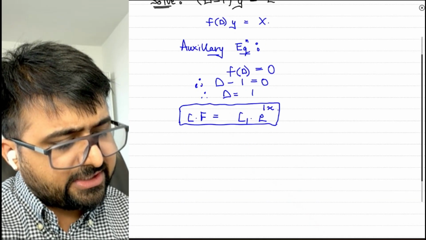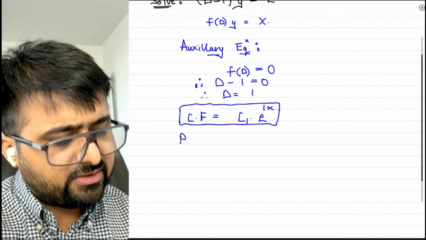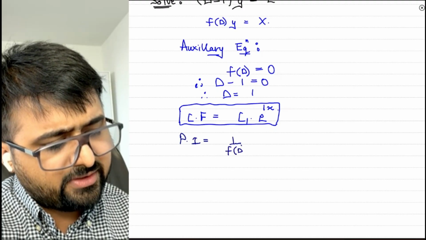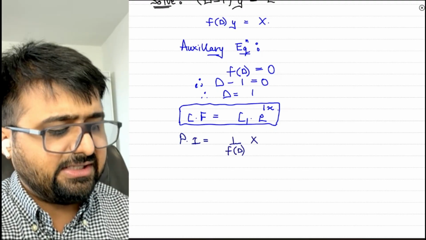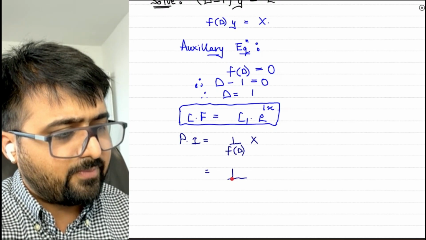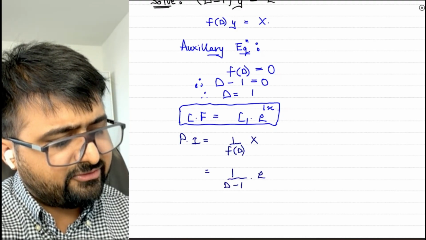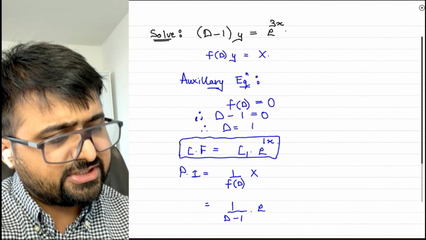Now, in order to get the particular integral, we know the particular integral is given by, as we discussed, 1 upon f(D) times capital X, which is nothing but 1 upon D minus 1 times your function e to the power 3x.